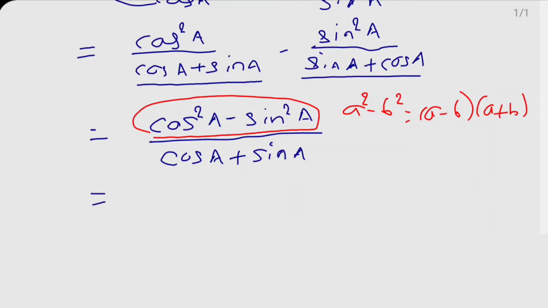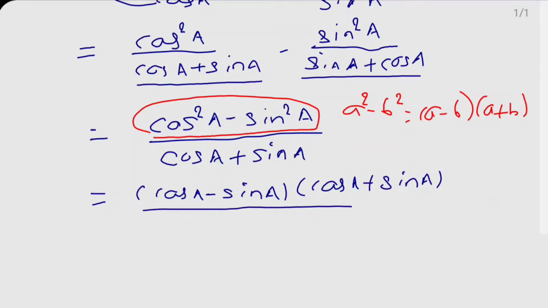So now we got here, A minus B means cos A minus sin A, and cos A plus sin A, divided by cos A plus sin A. Now see here is cos A plus sin A and here in the denominator also we have cos A plus sin A, so these two get cancelled.